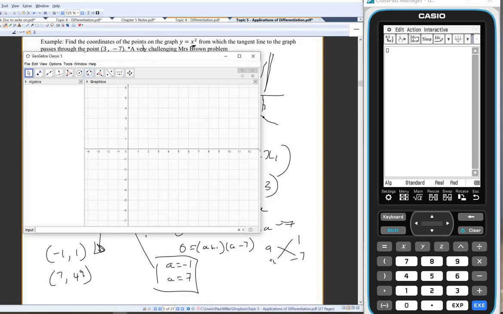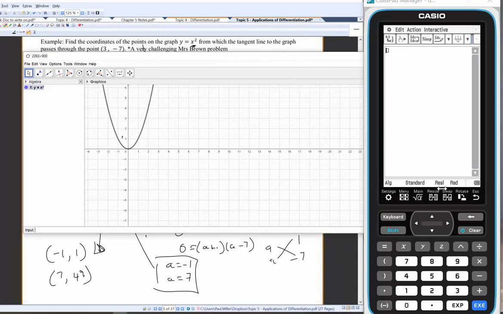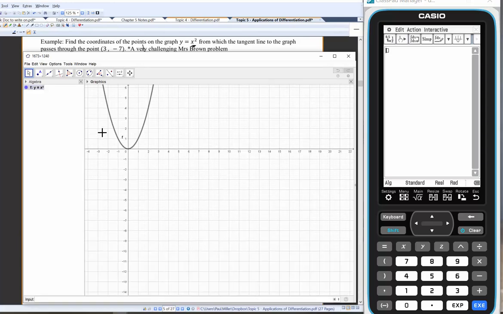Okay, so my original function is y equals x squared. And what we're going to do is just enlarge this a bit. I'm just going to plot the point (-1, 1).